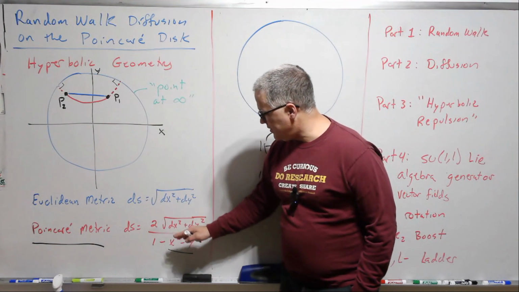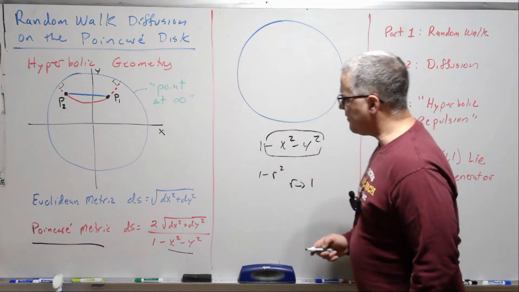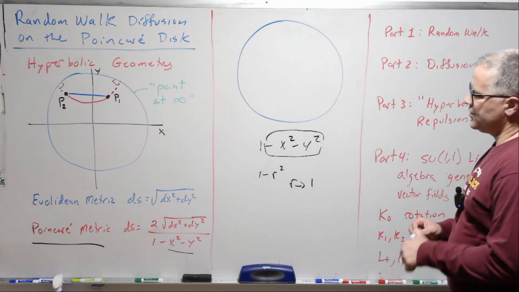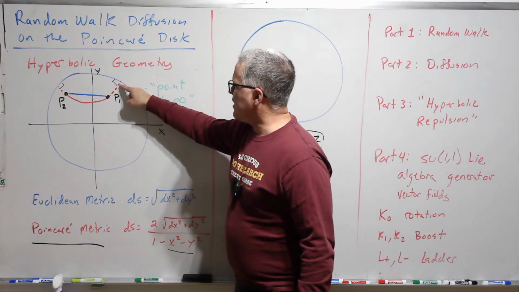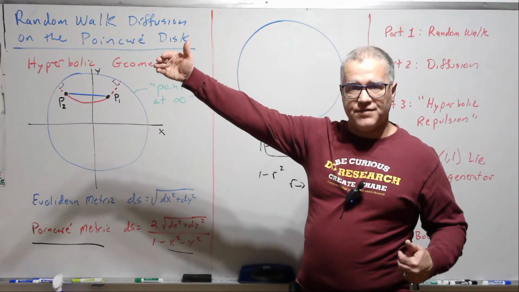And so if the denominator is very small, the distance covered is a big distance. So as we take a little bit of a step here, it gets divided by a very small number, and it constitutes a very large distance.